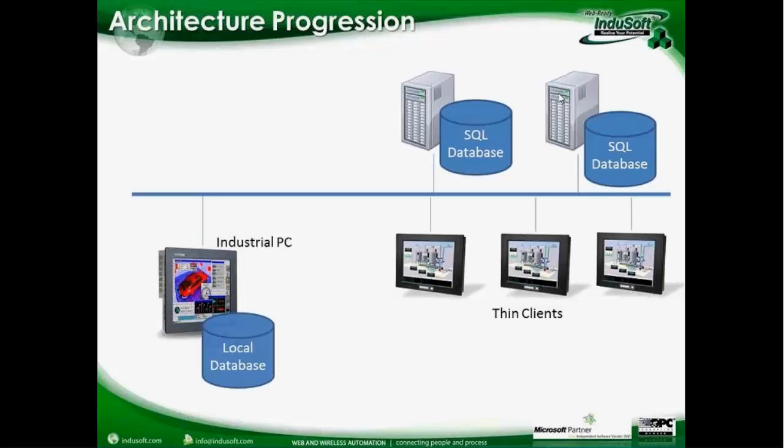And one of the things that this allows you to do is, if you have the need for these many thin clients, and we can go up to 128 of these thin clients, one of them is included within your runtime with every runtime, but again, we can go up to 128 thin clients of the different flavors that we have.